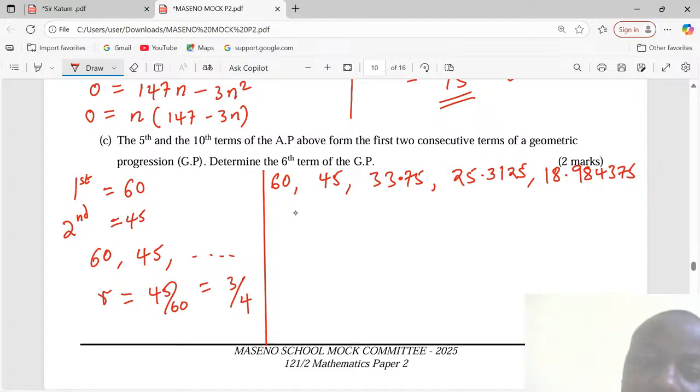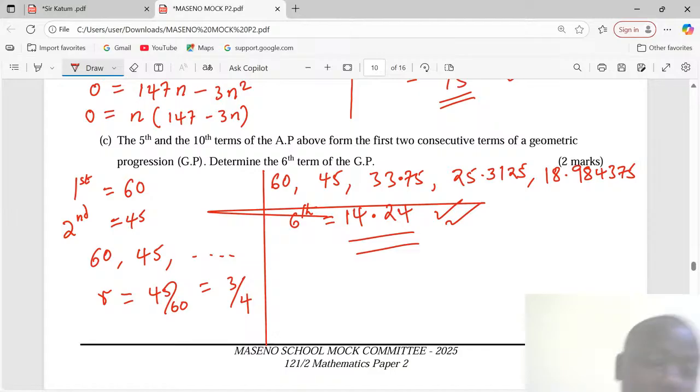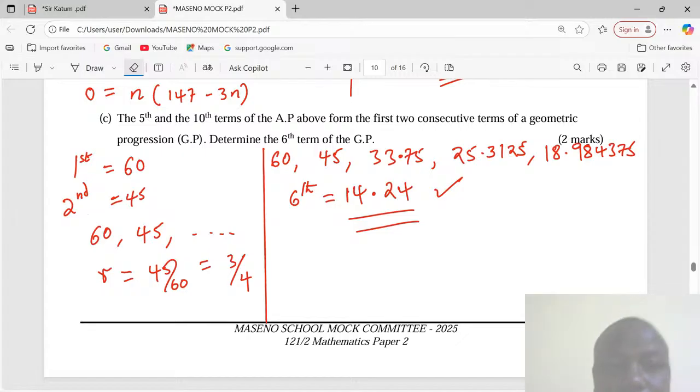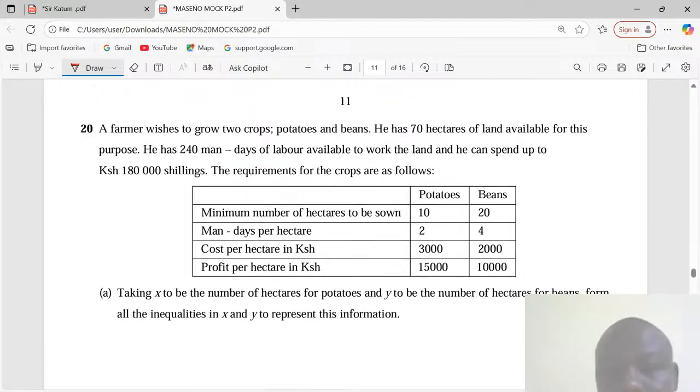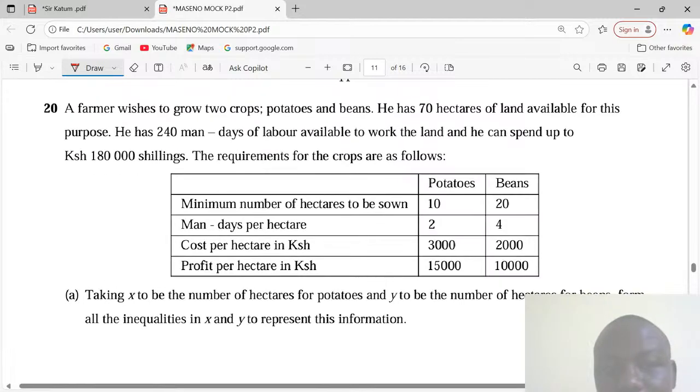Then the 6th shall be when we multiply this one by 3/4, and we get 14.24. Four significant figures are very okay. So that's enough accuracy. Thank you for those who have attempted and are already correct.